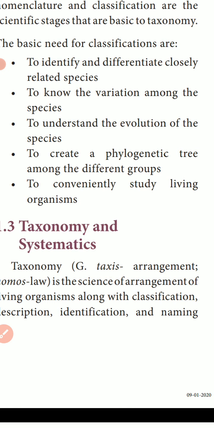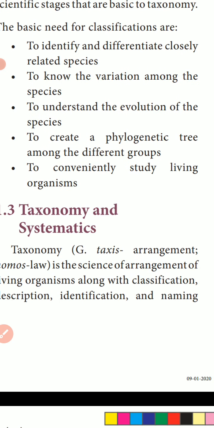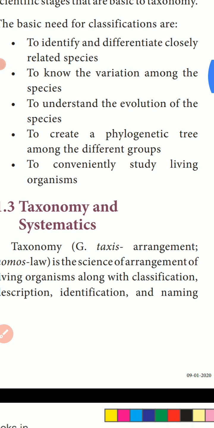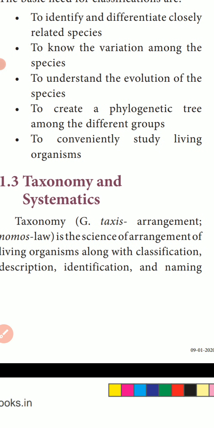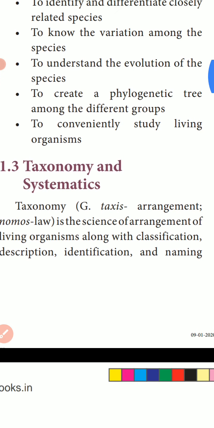Classification is also needed to create a phylogenetic tree among the different groups. What do you mean by phylogenetic tree? As I told you, evolution, we have to draw as a map, as a tree. For example, there is an organism called Archaeopteryx, one of the organisms we will study in this 11th standard.